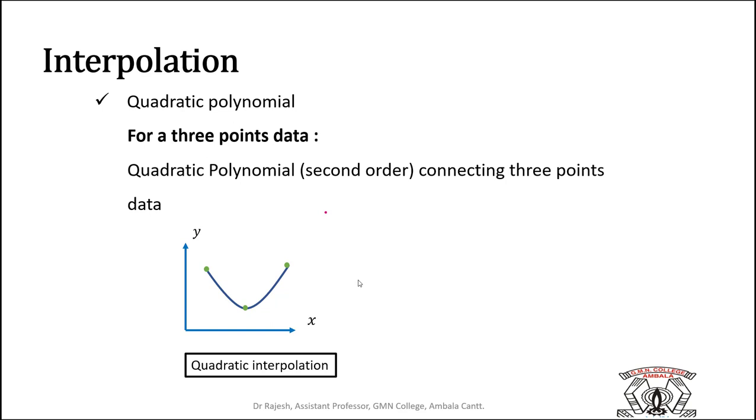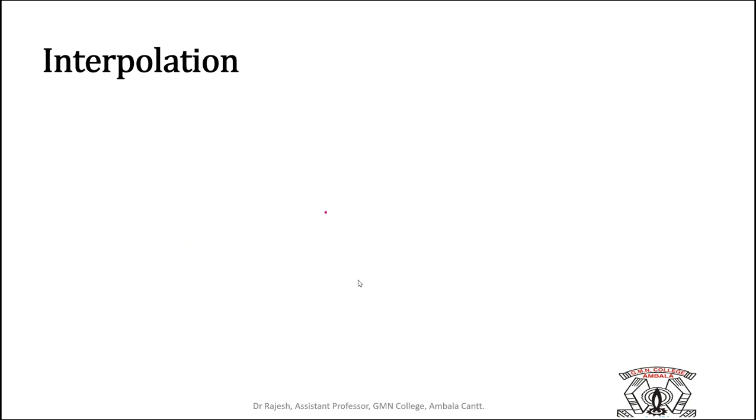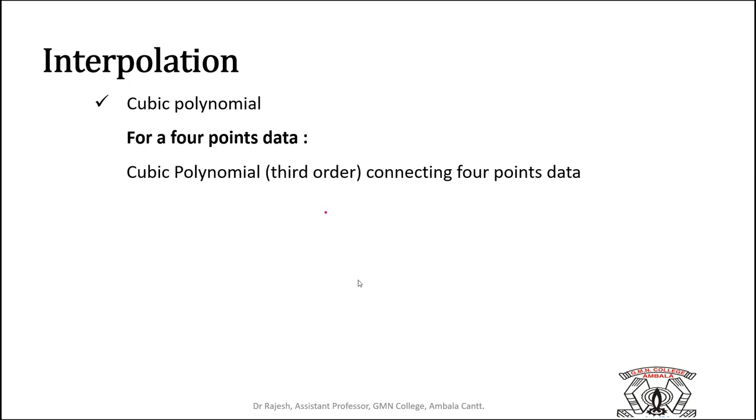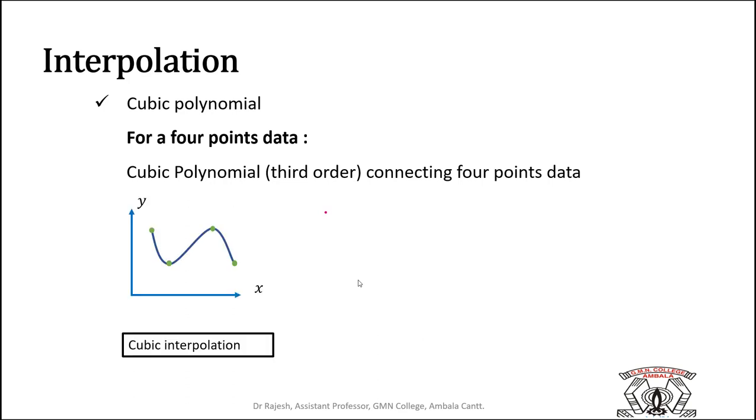So that type of interpolation is called quadratic interpolation. Another one was, if 4 points of data are given, then a cubic polynomial connecting these 4 points, 1, 2, 3 and 4, could fit into it. That polynomial is called cubic interpolation.